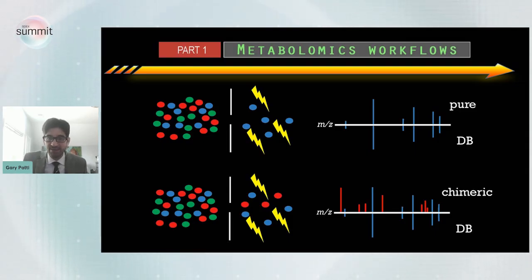Well, in that scenario, not only are we now measuring fragments from the blue precursor, but we're also measuring fragments from the red precursor. Whenever you have fragments from multiple precursors, we call those MS data chimeric. And you can see the problem is that when you have chimeric data, they do not match the database because, again, the databases were built off authentic standards, pure compounds, so there's no chimeric data in the databases.